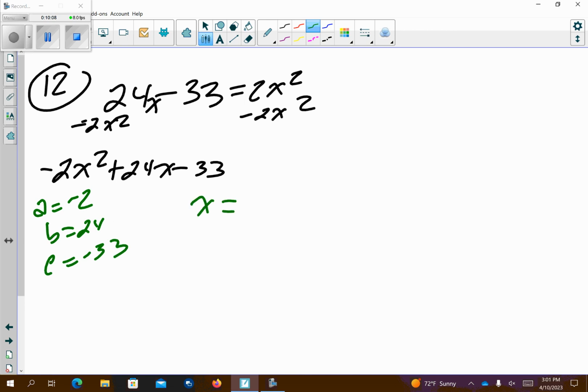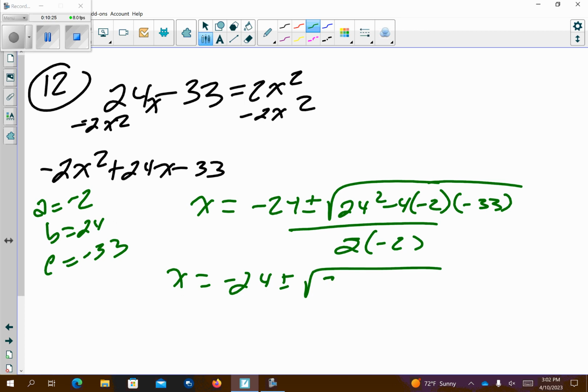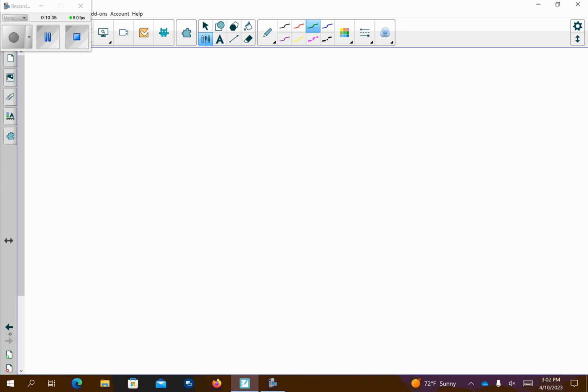So x equals negative b plus or minus the square root of b squared minus 4ac, all over 2a. So I get x equals negative 24. 24 times 24 is 576. That's negative 8. This one is getting too big. Let's not worry about it. It might work out, but it's just an ugly answer.